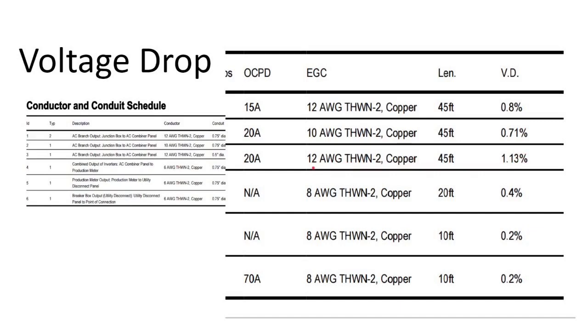So let's make it a circuit of number 10 AWG instead, for voltage drop mitigation. And even though this particular circuit maybe has fewer microinverters, so less current going through it, it doesn't have much voltage drop at all, let's go ahead and make that number 10 as well, just so that these conductors are uniform.